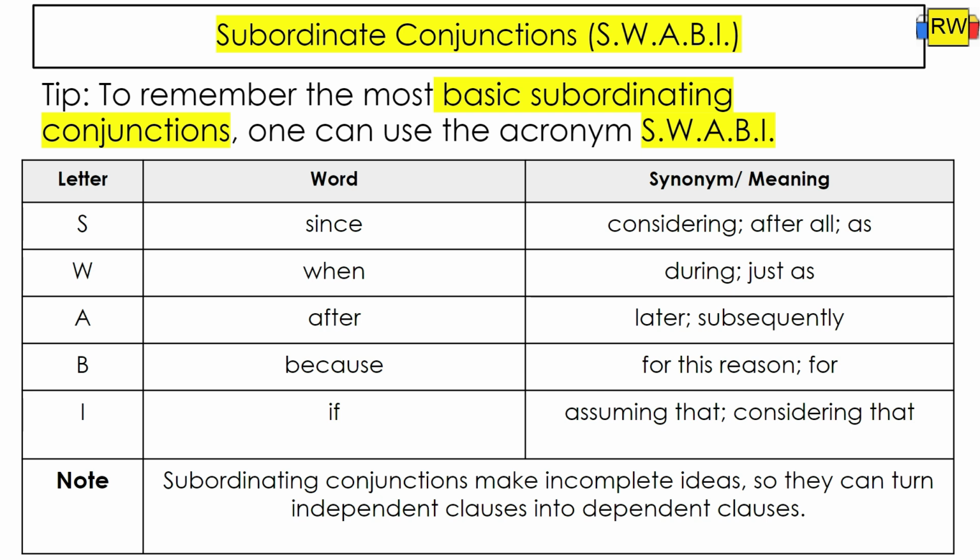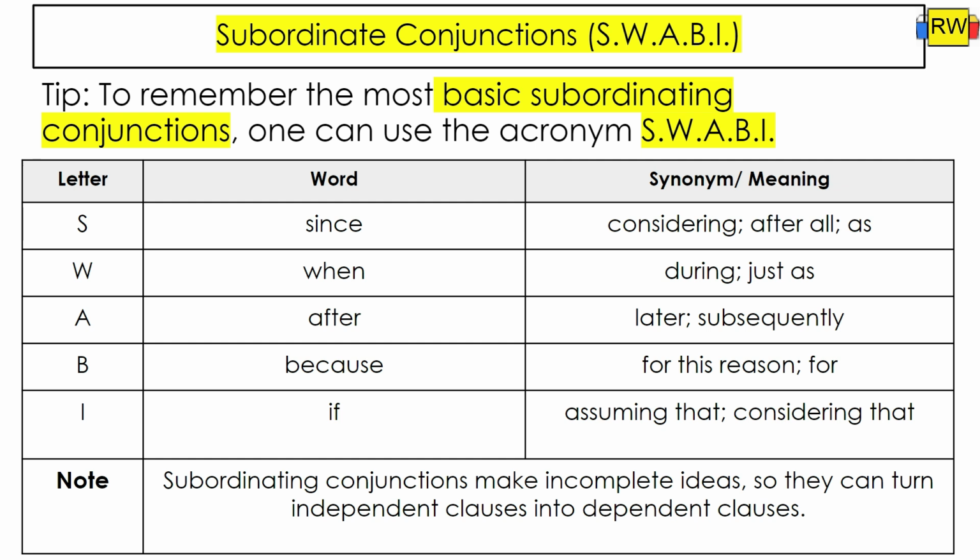The A in SWABI stands for the word after. After is synonymous with the words later and subsequently. The B in SWABI stands for because. Because is synonymous with the words for this reason or for. It's giving a rationale, a justification.